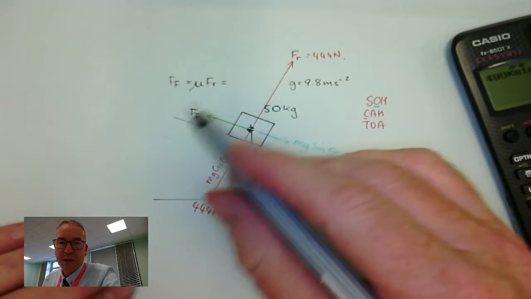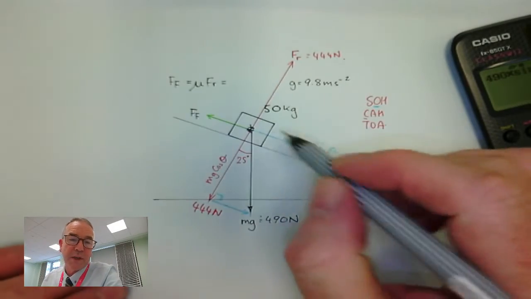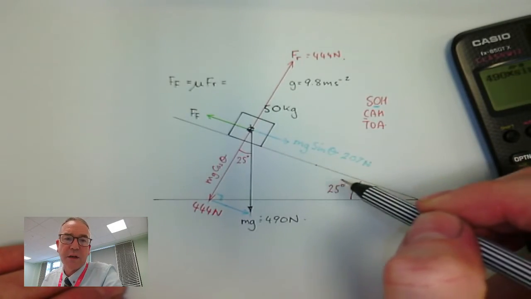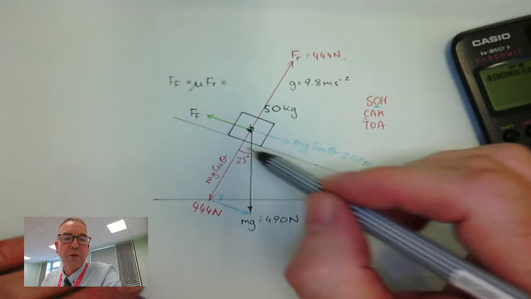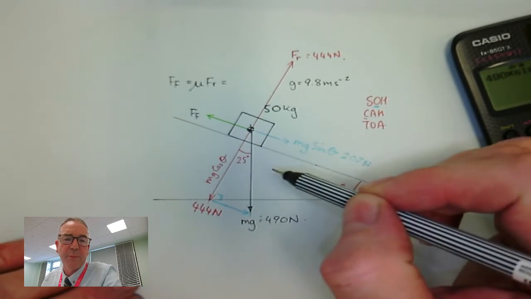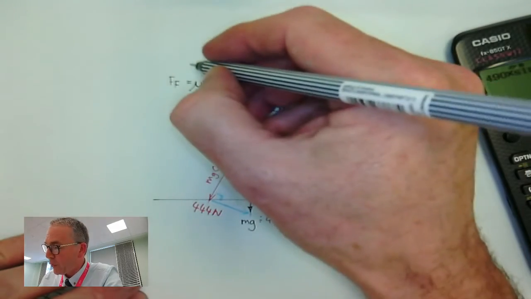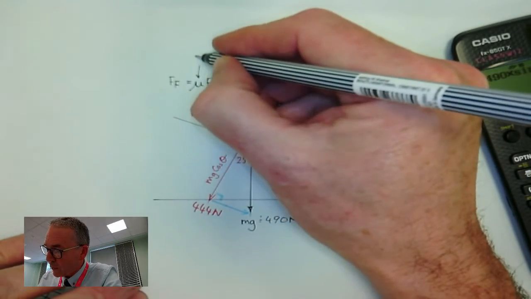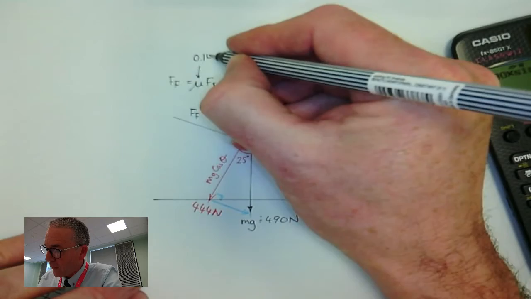Now for this particular activity I have looked up, because it's a sort of icy slope, the coefficient of friction between something like a plastic object and an icy slope would be about 0.4. So I'm going to use that figure.